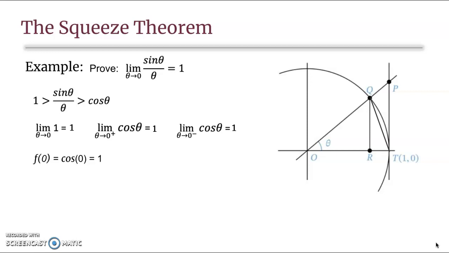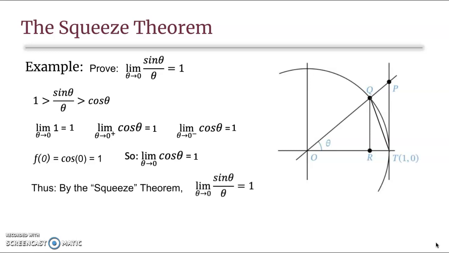So what I have is my function approaches 1 if I approach 0 from the left, from the right, and also the function itself equals 1 at 0, and therefore the limit as theta approaches 0 for cosine of theta equals 1. Now, by the squeeze theorem, that means that as theta approaches 0, the limit of sine of theta over theta is 1.